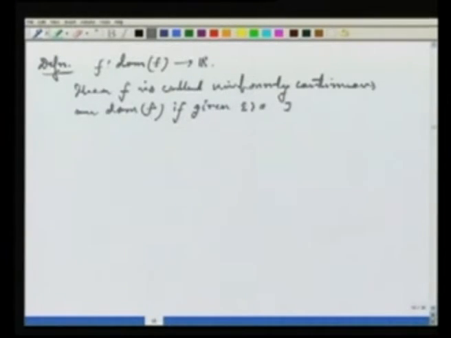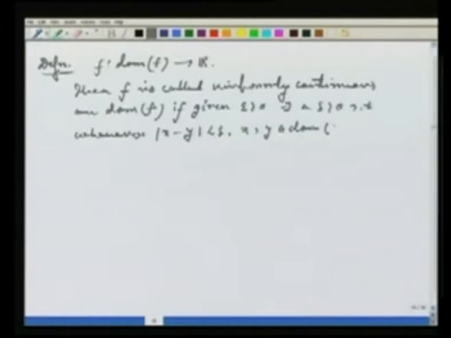there exists a delta bigger than 0 such that whenever mod of x minus y is less than delta for x, y in domain of f, then mod of f(x) minus f(y) is less than epsilon.